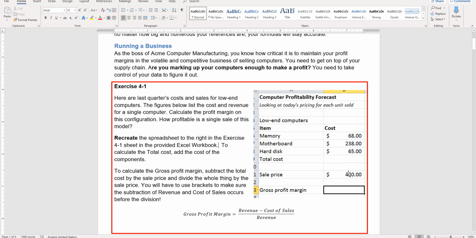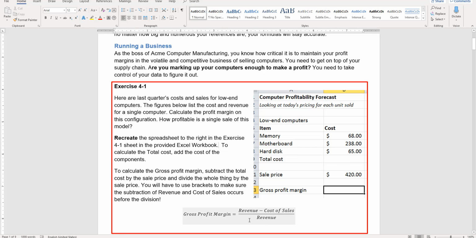Then what you need to do here is calculate the gross profit margin. The gross profit margin is going to be your revenue, which is your sale price, the amount of money you're bringing in, minus the cost, so your total cost here. So it's this cell minus this cell, okay? And you need to make sure you do the subtraction first, right? So that would involve you having to use some brackets.